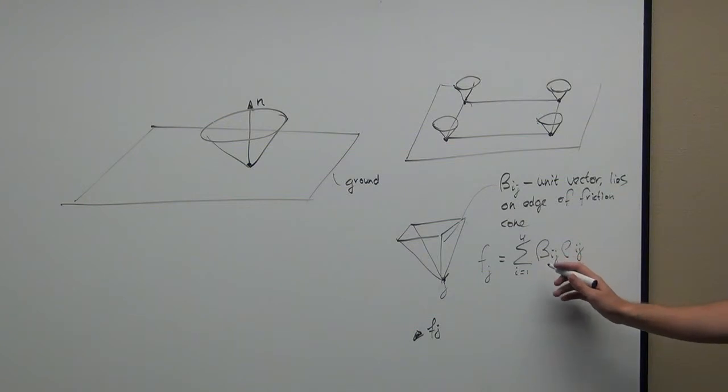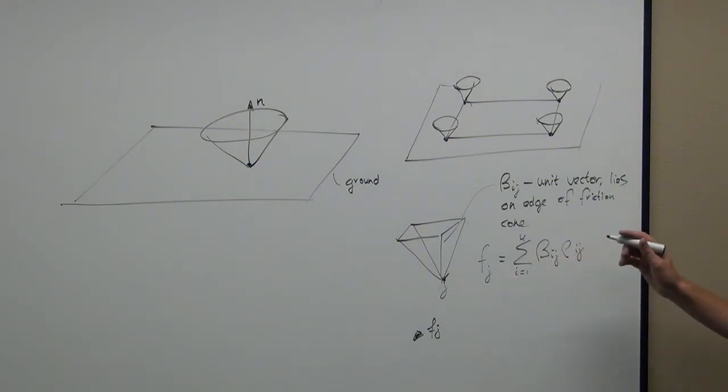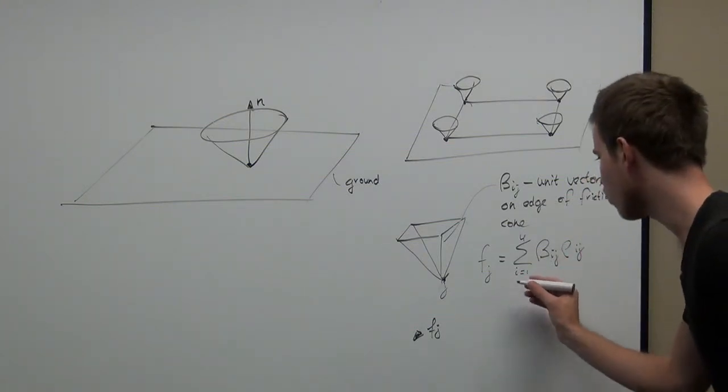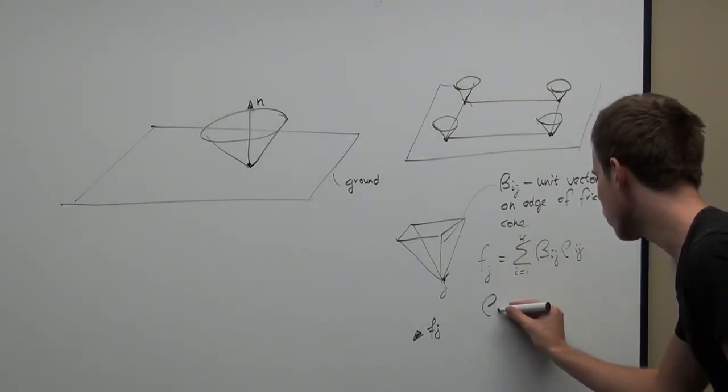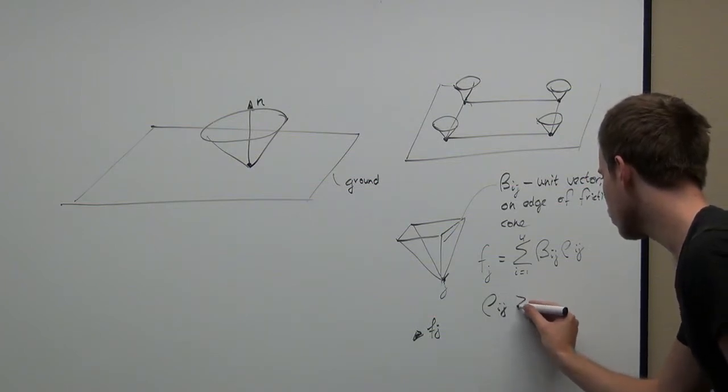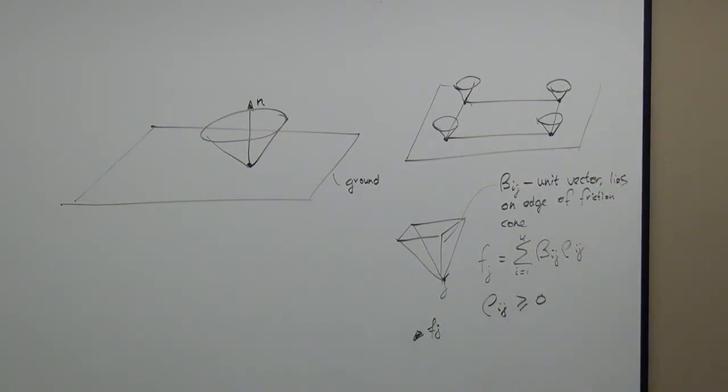So in addition to constructing Fj from these basis vectors, we also need to say that all of the rhos need to be positive: rho ij larger than or equal to 0. By just doing these two things, constructing them from these basis vectors that lie on the edge, and requiring that the multipliers are bigger than 0, you have forces that are guaranteed to be inside the friction cone.